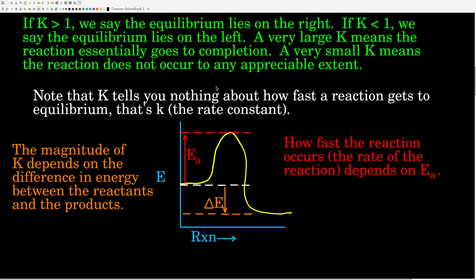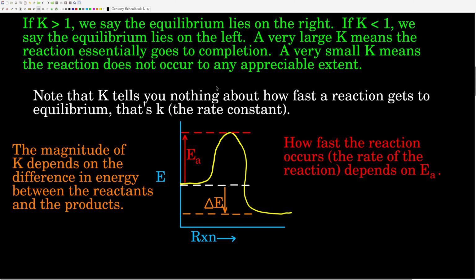Basically we have more reactants at equilibrium than products. Likewise, if the value for K is very large, that reaction, we say, goes to completion. In other words, if we could see the atoms and molecules at the microscopic level, we would see some moving back and forth in that dynamic equilibrium model.